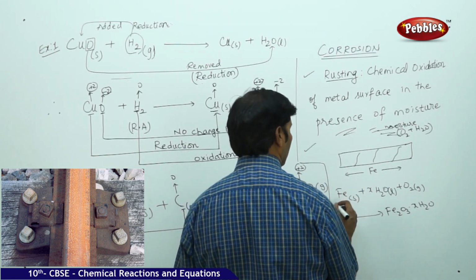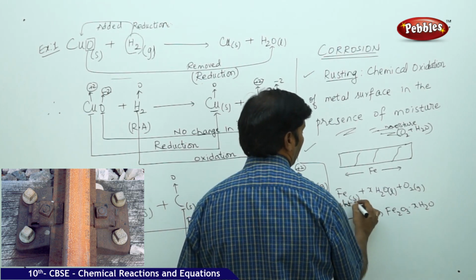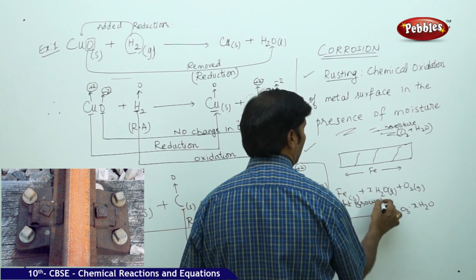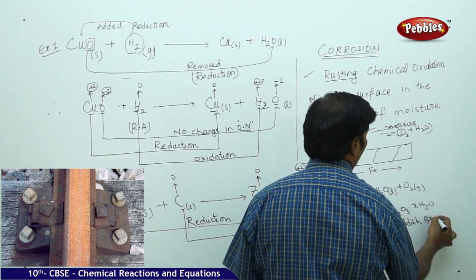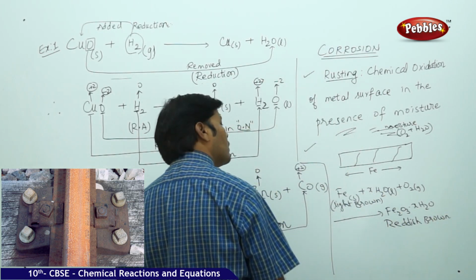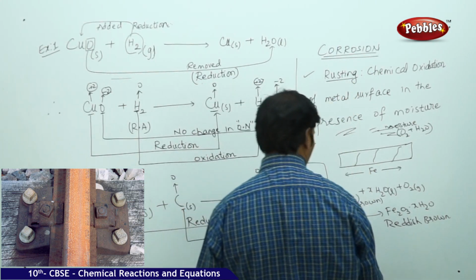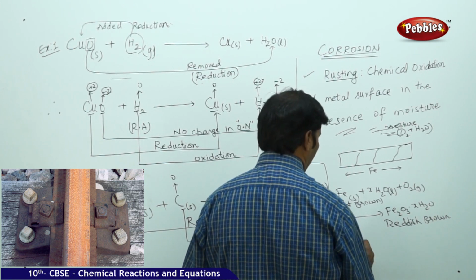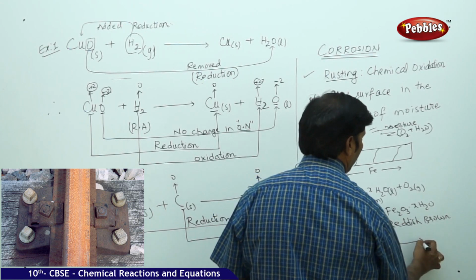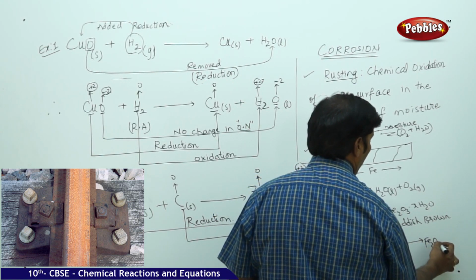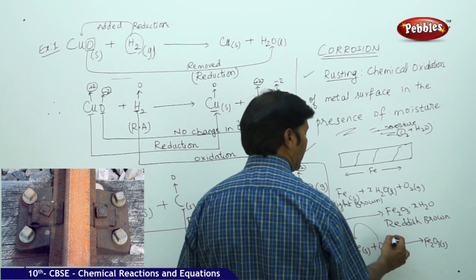Here this is light brown color. This is going to become reddish brown color. So when you say chemical oxidation, rusting also means this is chemical oxidation. Iron solid plus O2 gas gives rise to Fe2O3. So here the iron, when you are passing oxygen, is getting rusted.